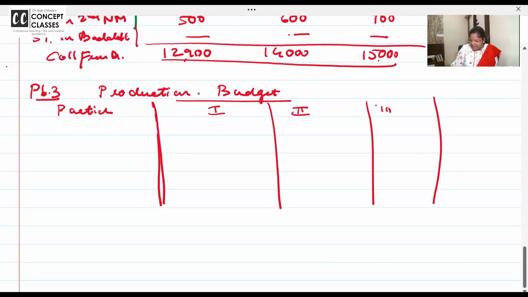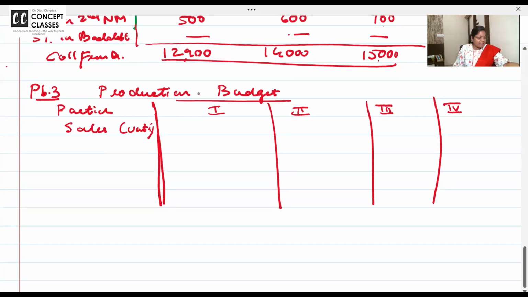First quarter, second quarter, third quarter, and fourth quarter. So what is given to you in the first line of the problem? What has been told to you? Sales is given. This is all in units. Production budget is anyhow in units, right.